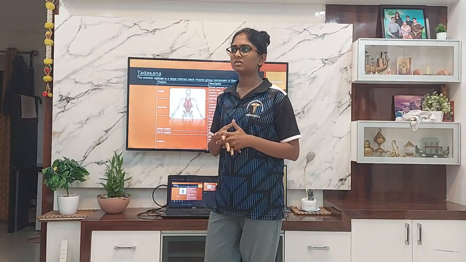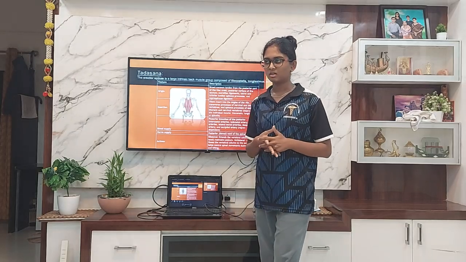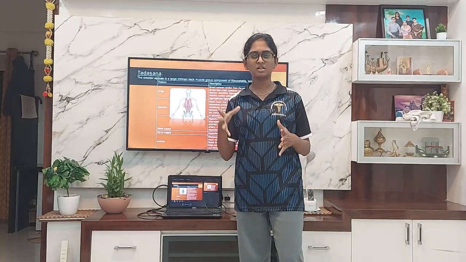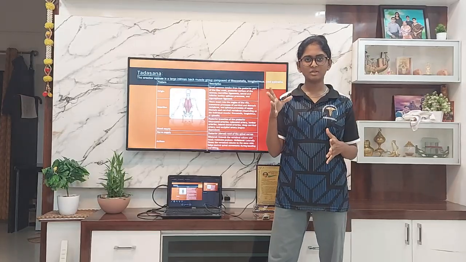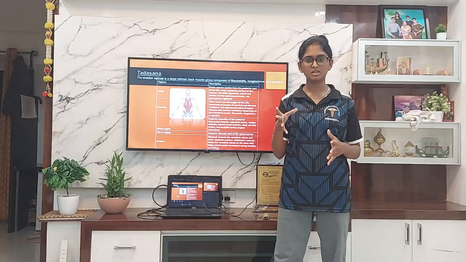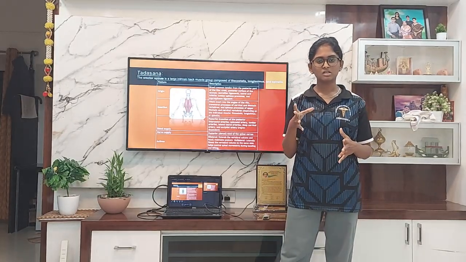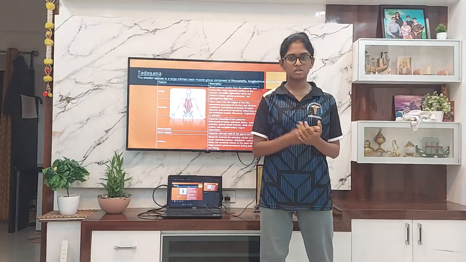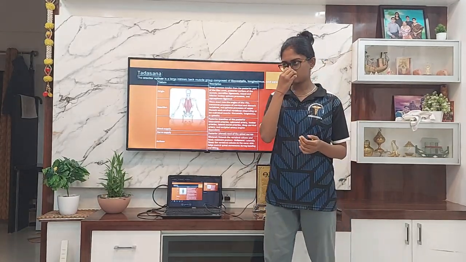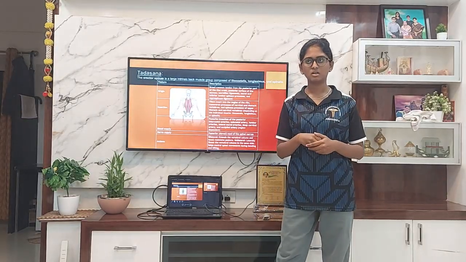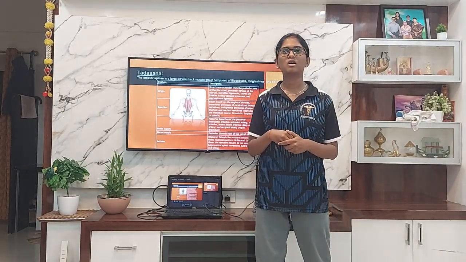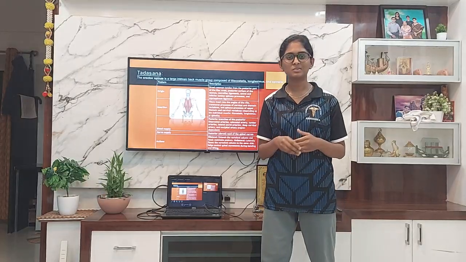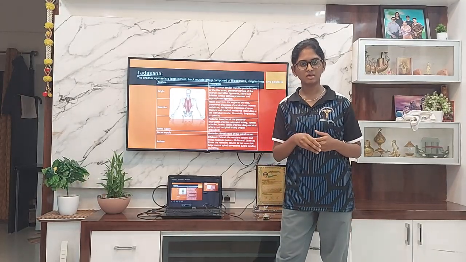So the blood supply of the erector spinae muscle is the posterior branches of intercostal arteries, subcostal arteries, occipital arteries, lumbar arteries, and deep cervical arteries.